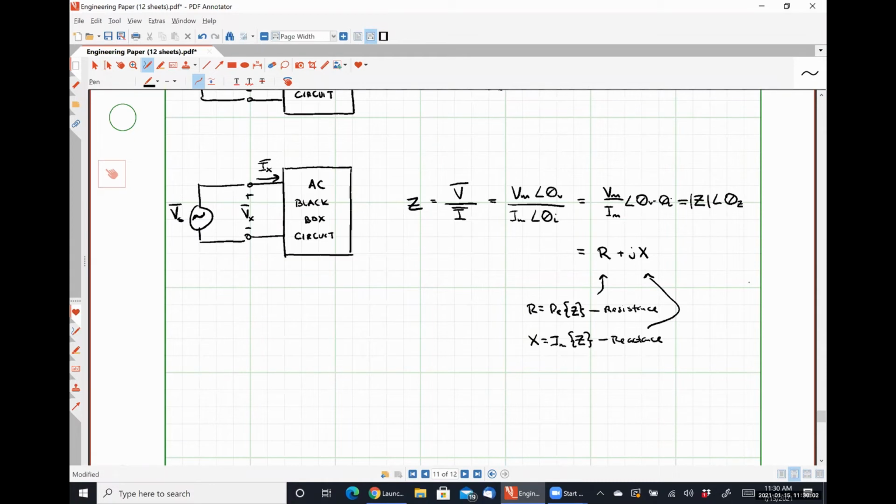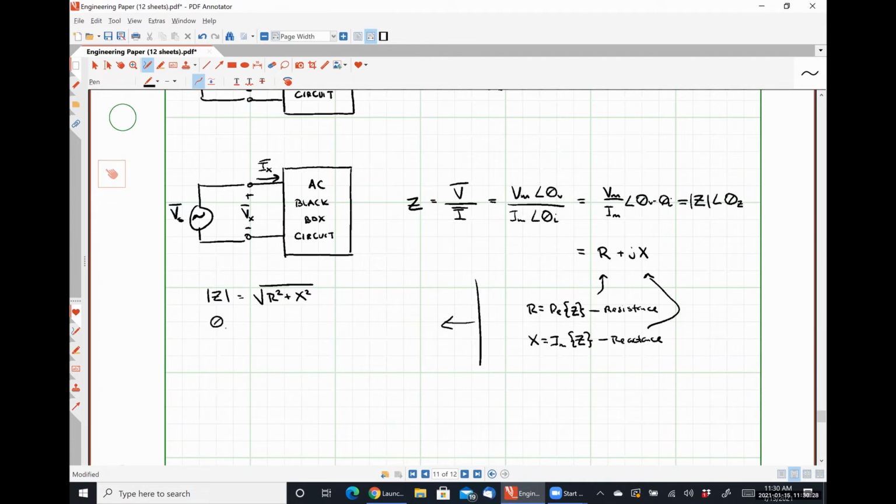We can go back and forth between the rectangular and polar forms using the following relationships. I'm just going to put them over here. So the magnitude of Z is simply the square root of the resistance squared plus the reactance squared.